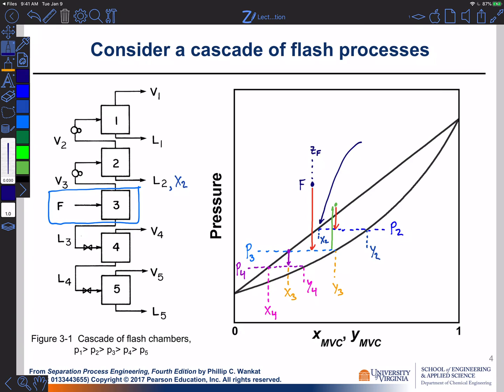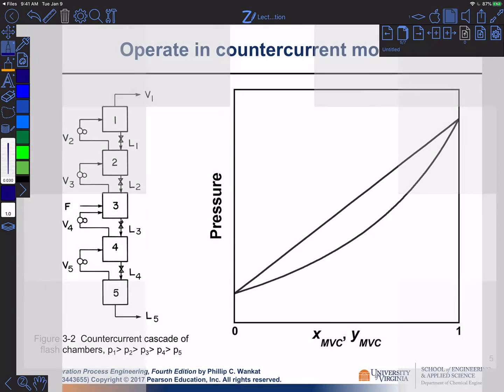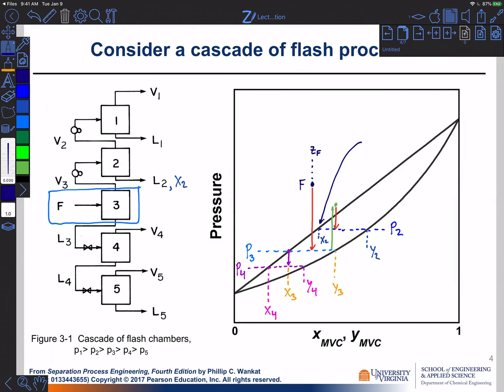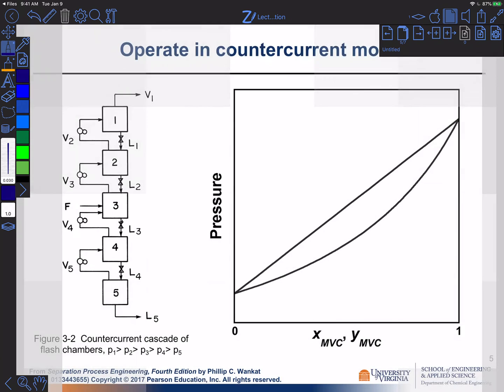So as a result, we might think, well, it could be convenient to just take that L2 stream, as well as the other intermediate streams that are problematic for us, and connect that back into the next stage down. We could do this for all of these liquid streams, and we can see now that L2 is going from stage 2 down into stage 3.